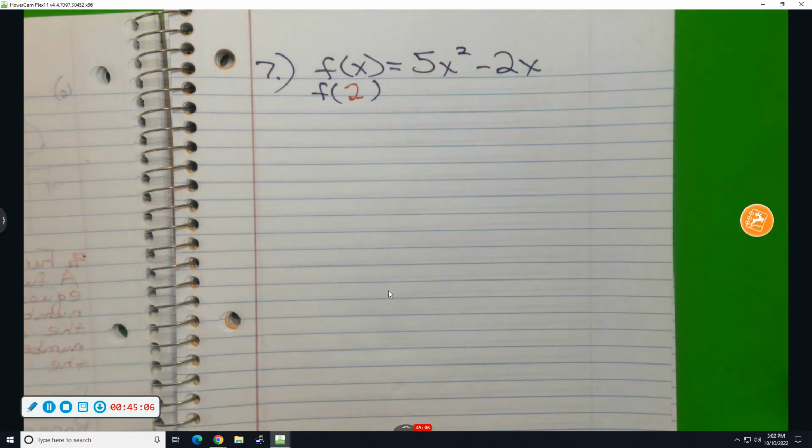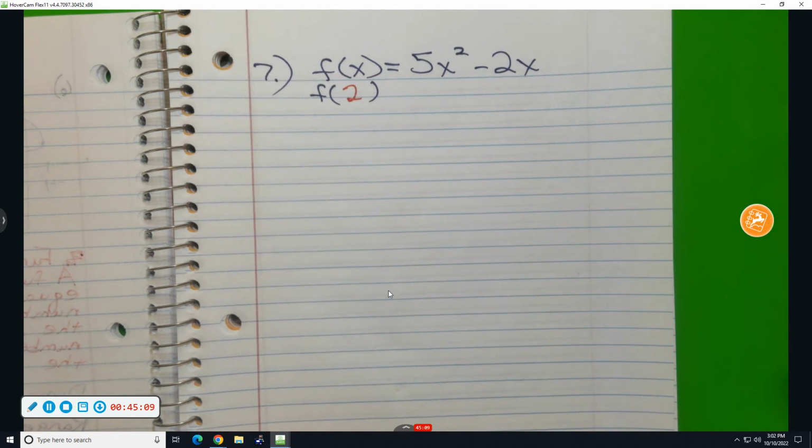That's telling us to go to our function, and wherever we see an x, replace it with 2.